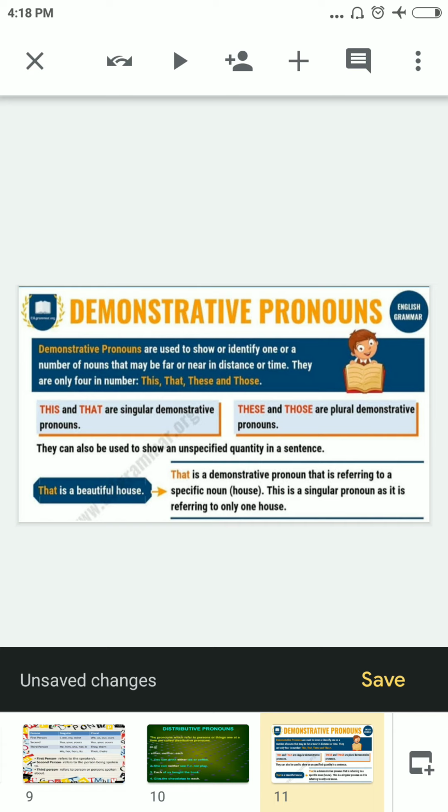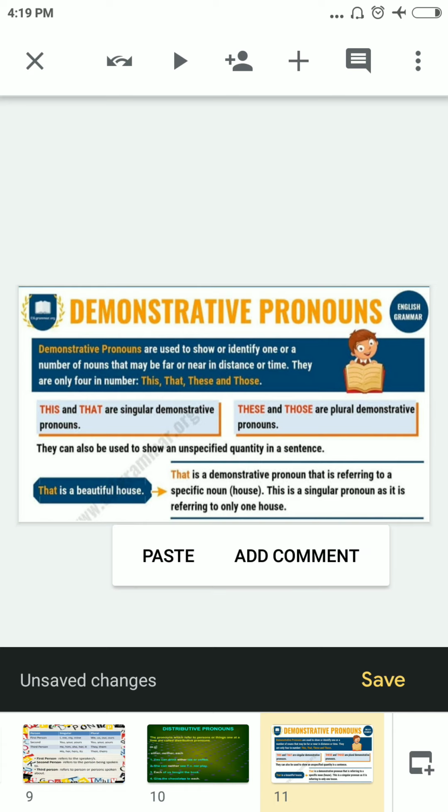That is a beautiful house. So that is a demonstrative pronoun referring to a specific noun, that is, house. This is a singular pronoun as it is referring to only one house. Obviously, suppose there are many houses in a row, and from a far distance I'm just pointing out any one, and some person is not able to get the idea properly.